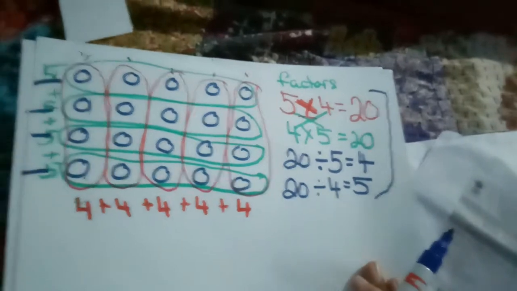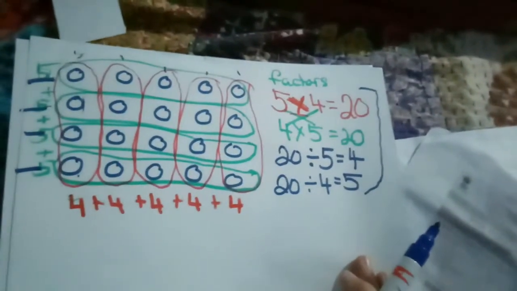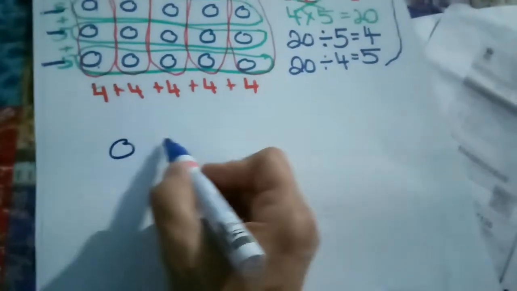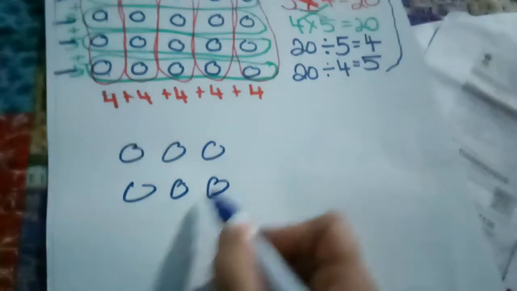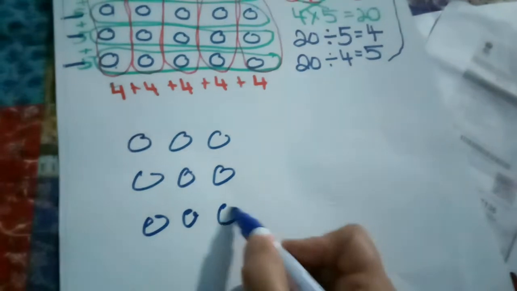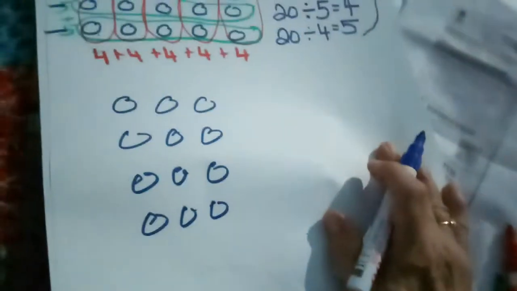Okay? So when you're understanding division, division means taking a large group like this. So I've drawn 12 dots there, right?